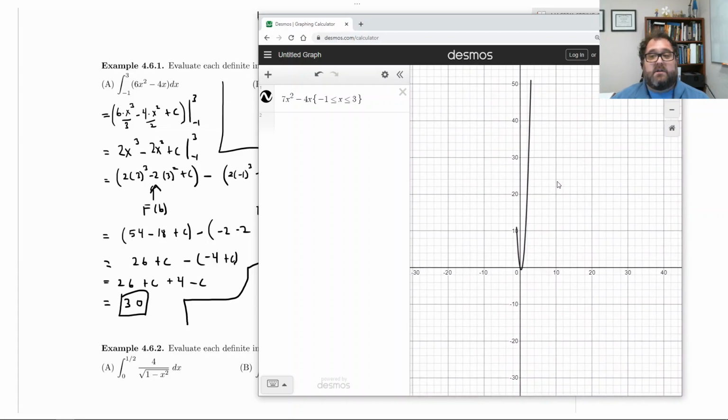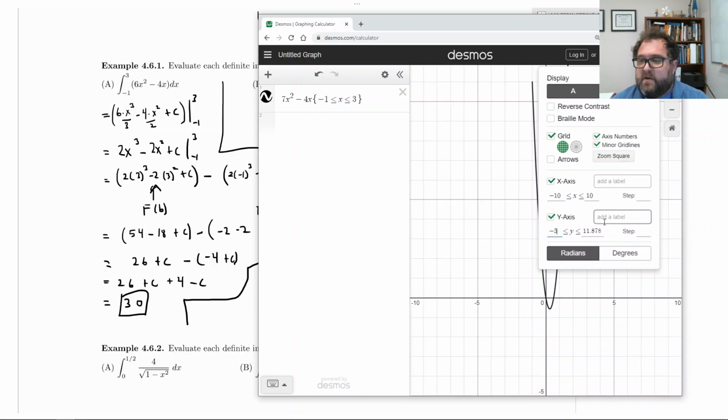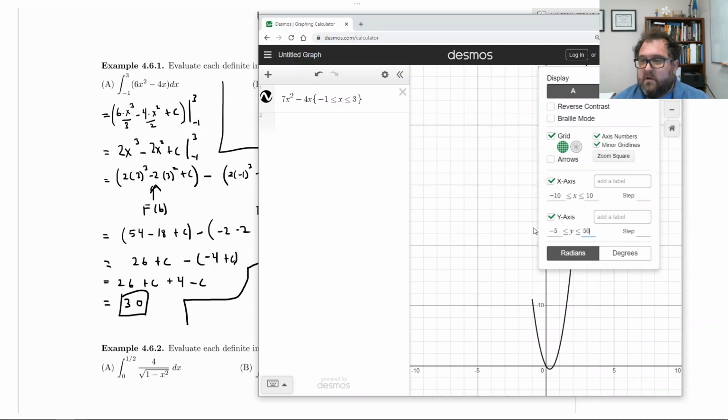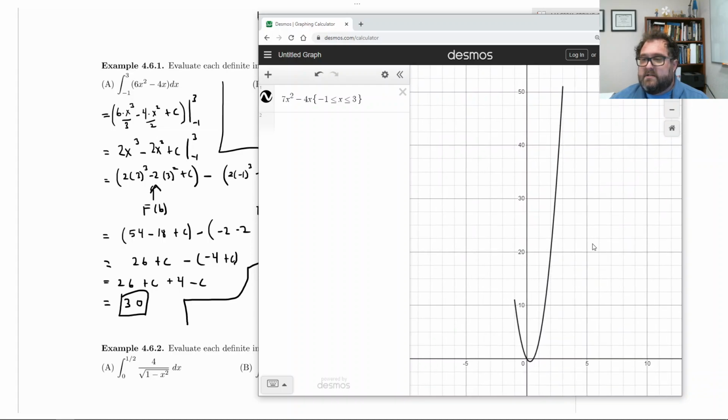So there is our interval of interest. Let's doctor this a little bit. Let's make the y-axis from -5 to probably like 50 or something, and let's make the step by like 10. There we go. That's a little better.